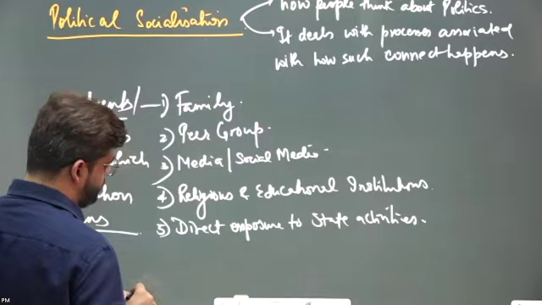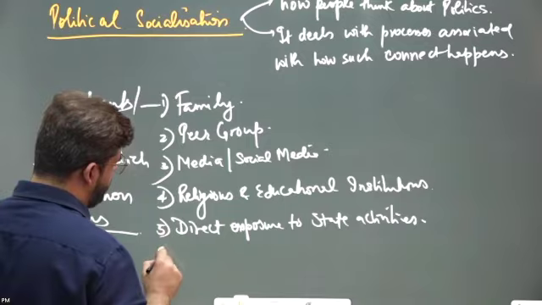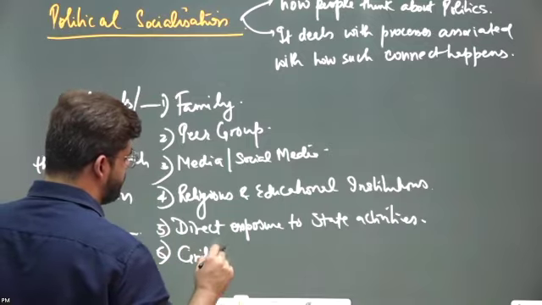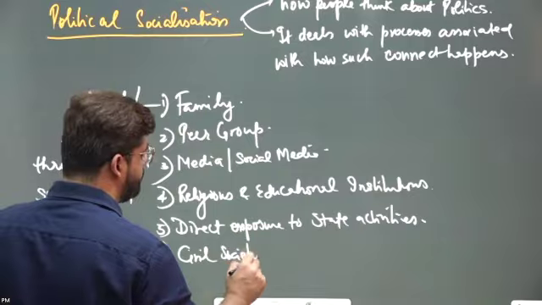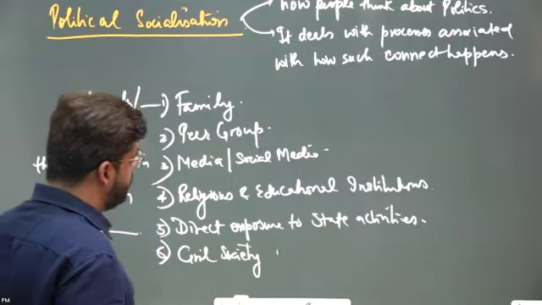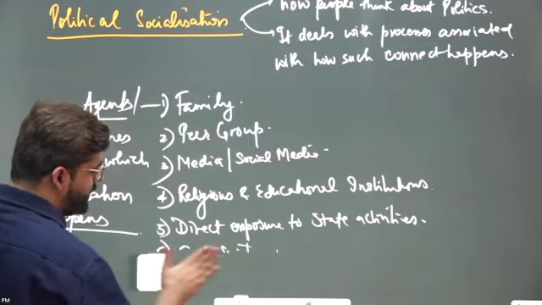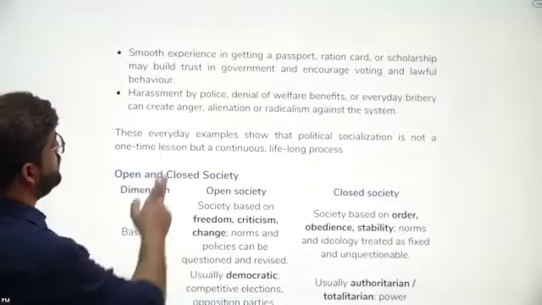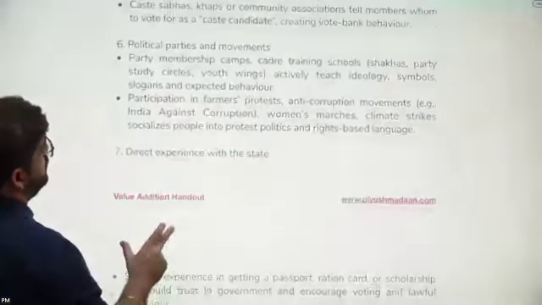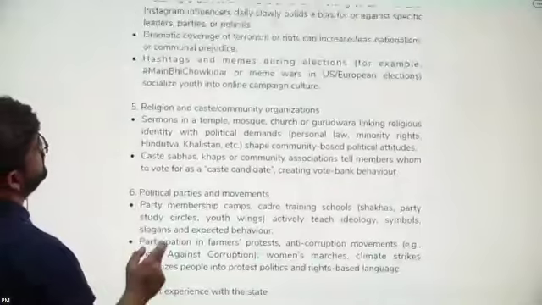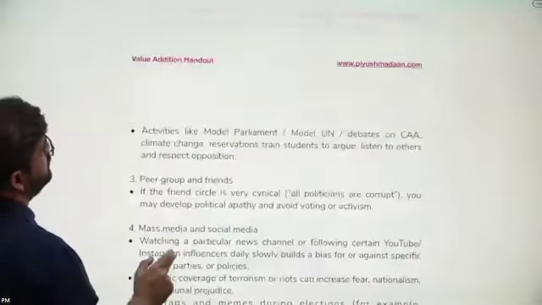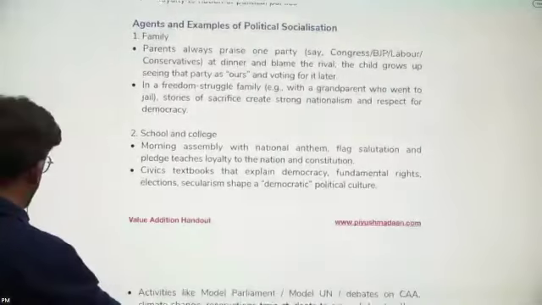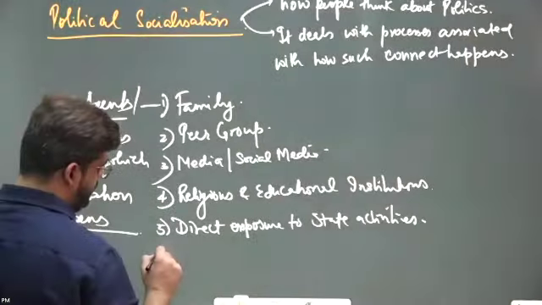Okay. Civil society may impact us. So rather let's not write civil society. We will include civil society in peer group. Okay, there is no such hard and fast rule. Okay, political parties, this got missed. Let's write political parties, these are important.